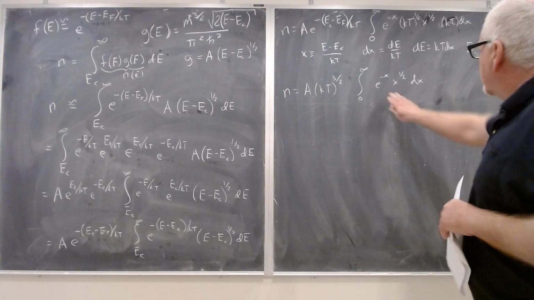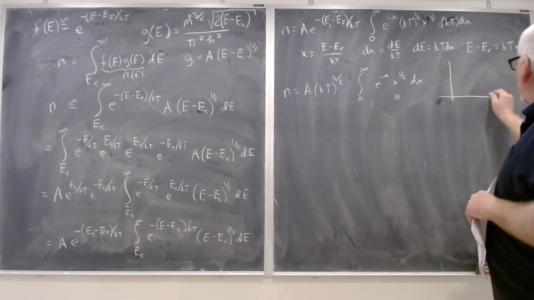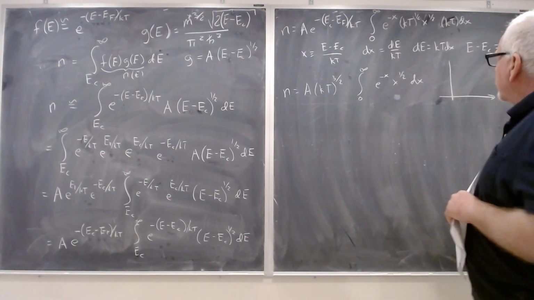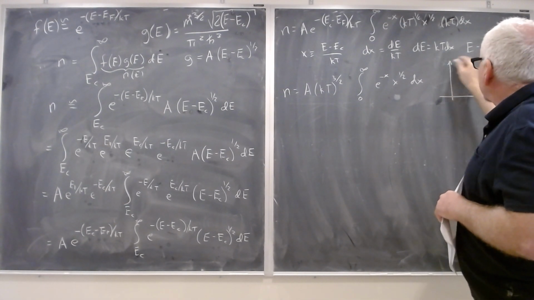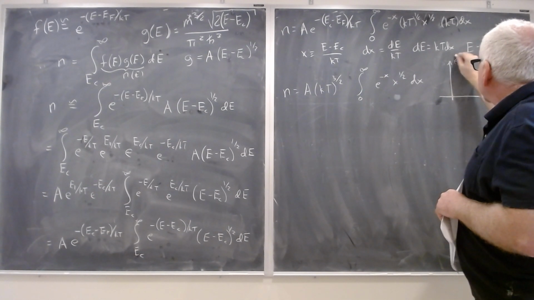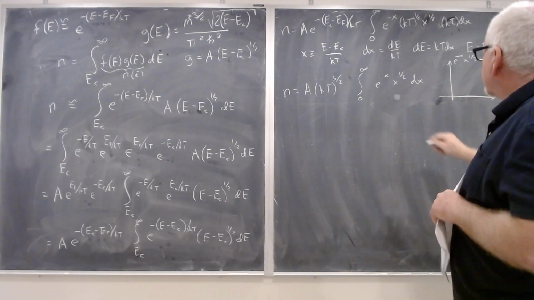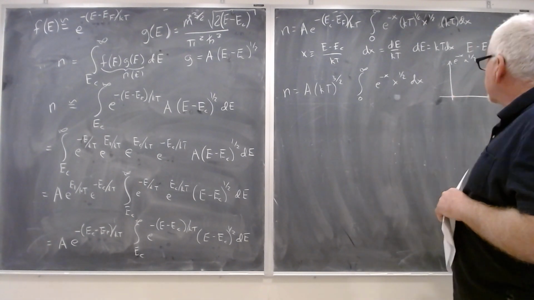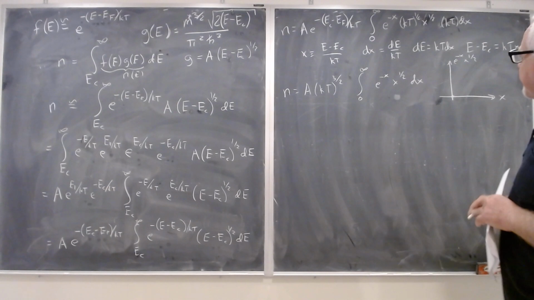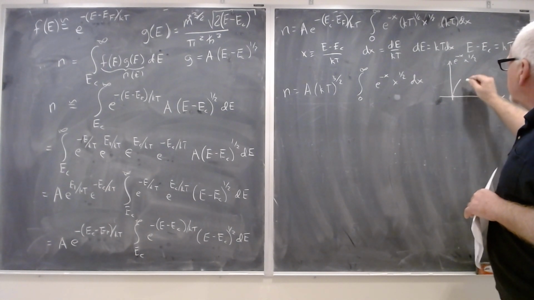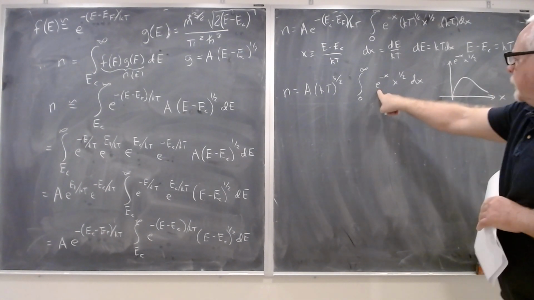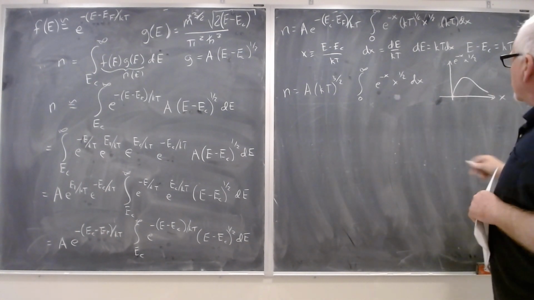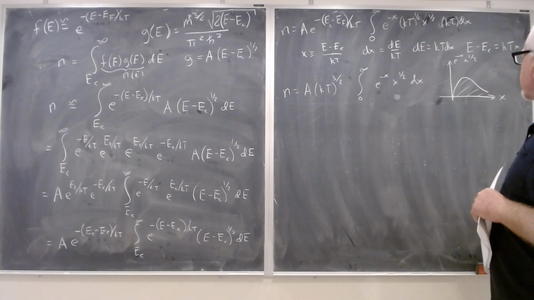So e to the minus x, x to the 1/2: it starts out at 0, right? Because x is 0 there, and it starts going up, kind of as the square root, but then it goes down again because I have the exponent in it, and so the integral of it is something you can figure out.